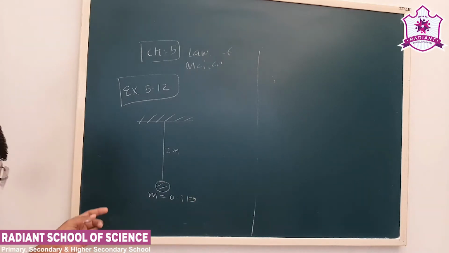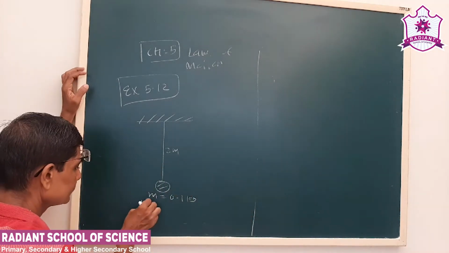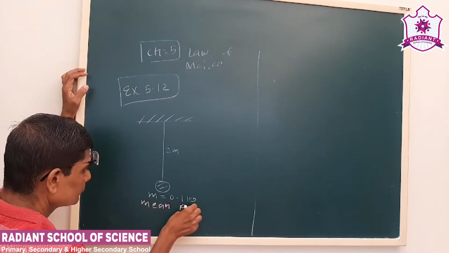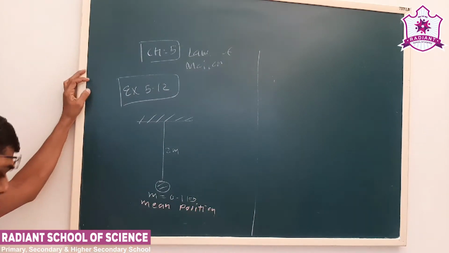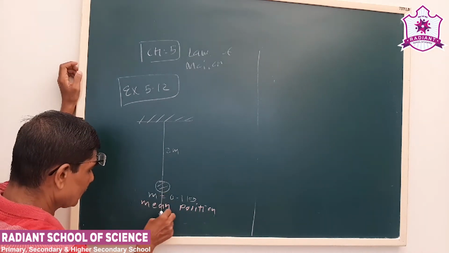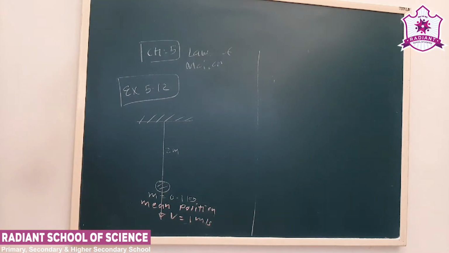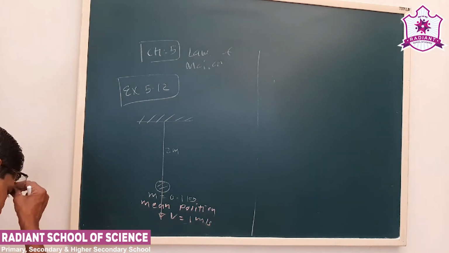Now this is the mean position, and the velocity at the mean position is 1 meter per second.